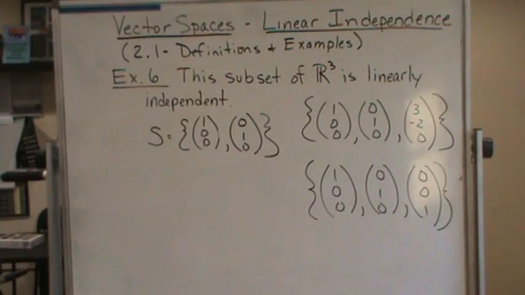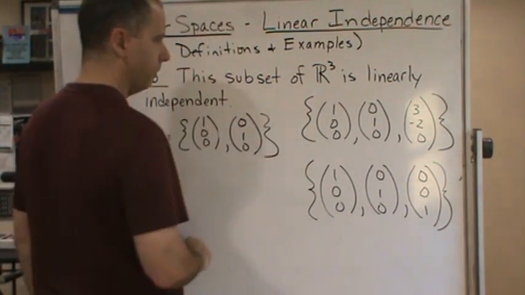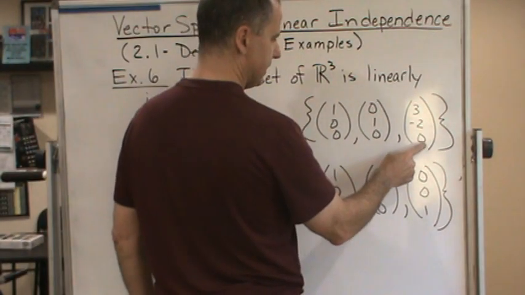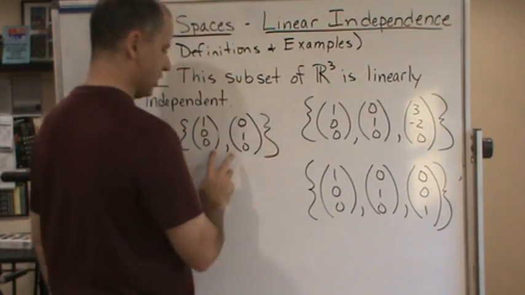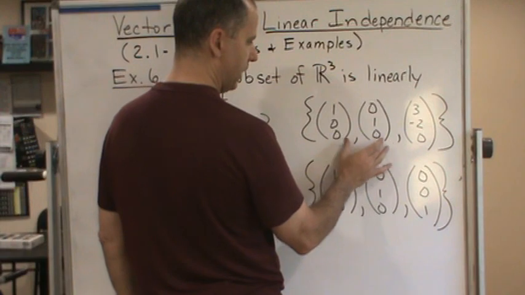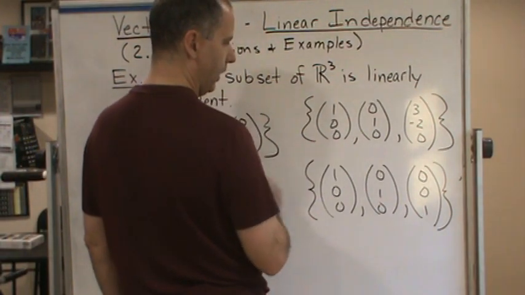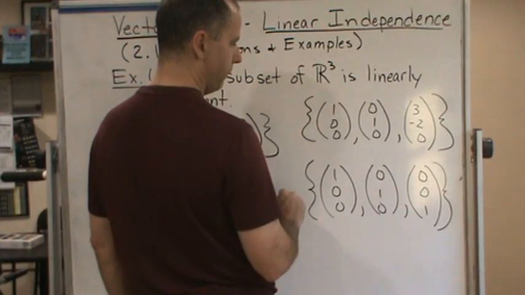Okay, now, if we look at the same thing, look at these two supersets, okay? This one is dependent, right? You can see that this doesn't change the span of S. You can also see that you can get a linear combination. This one is equal to a linear combination of these two. So this is a dependent set.